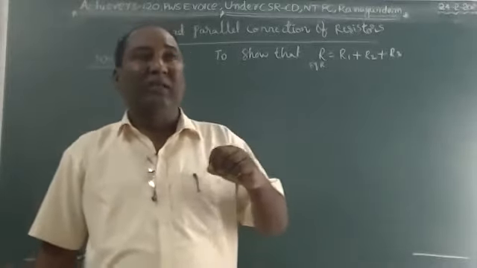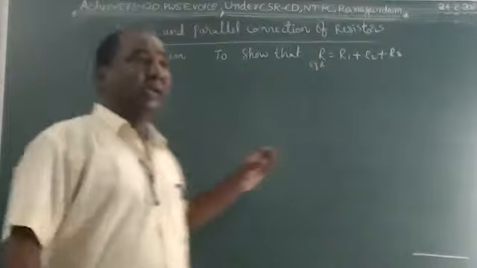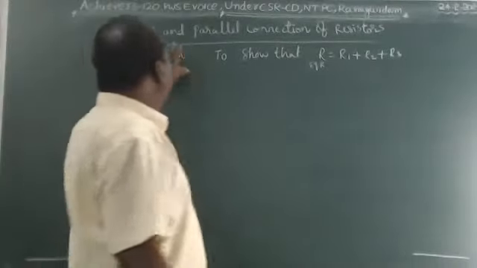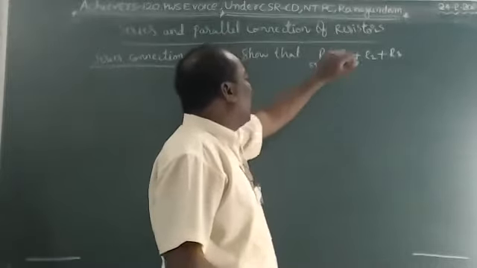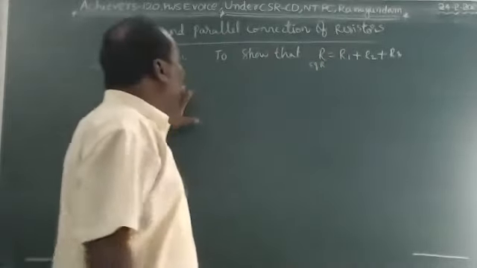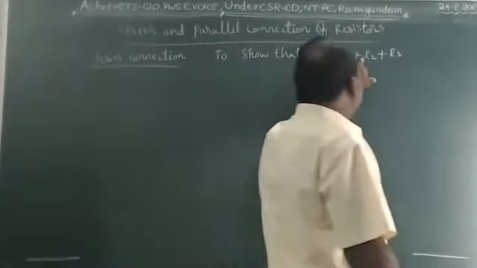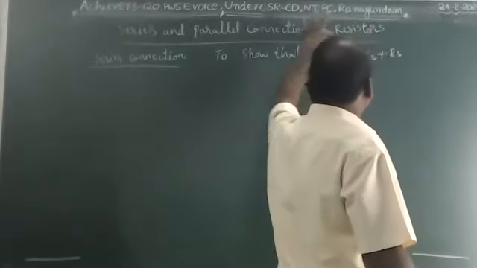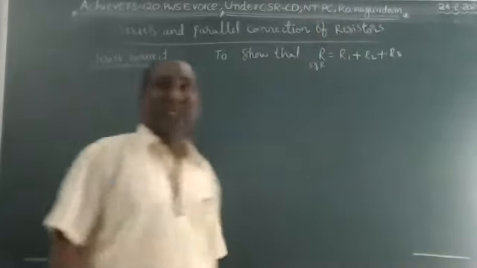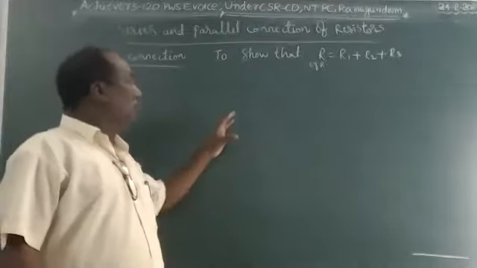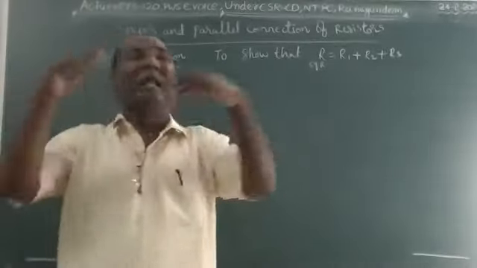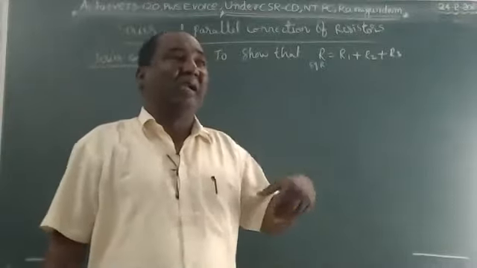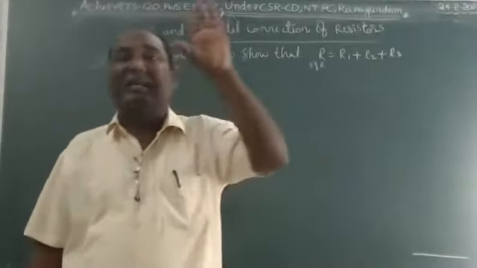Have you understood, children? For example, the formula is to show that R equals R1 plus R2 plus R3. They will ask like that. The sum of the individual resistors is equal to the equivalent resistor. In series connection, current flows equally through all the resistors and voltage V is divided.